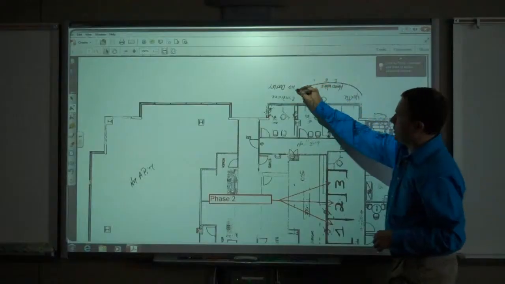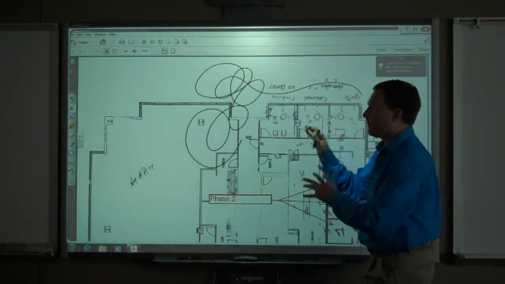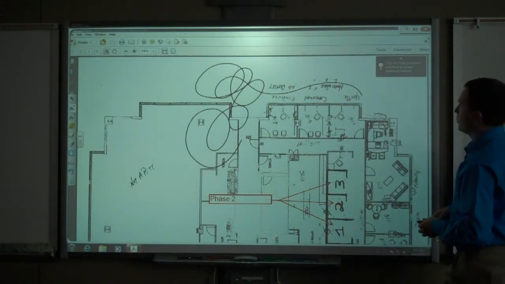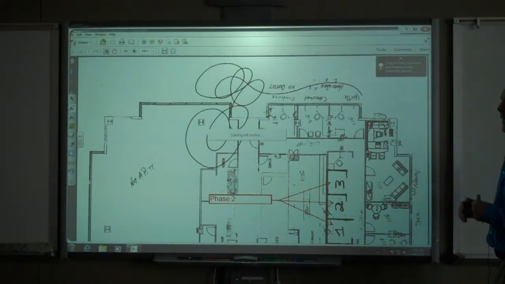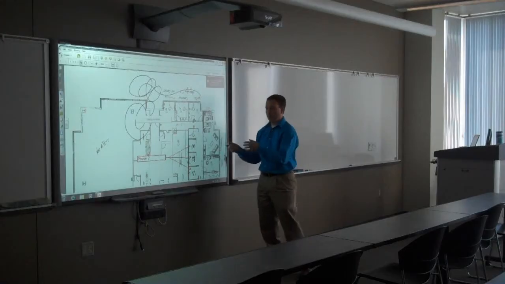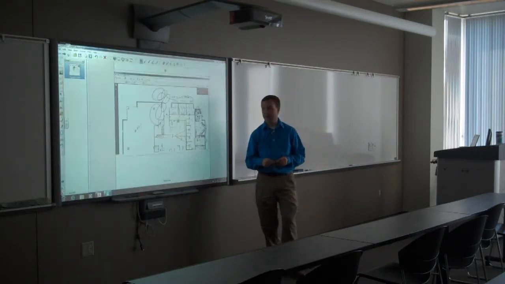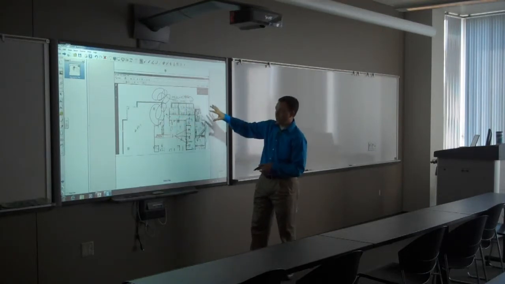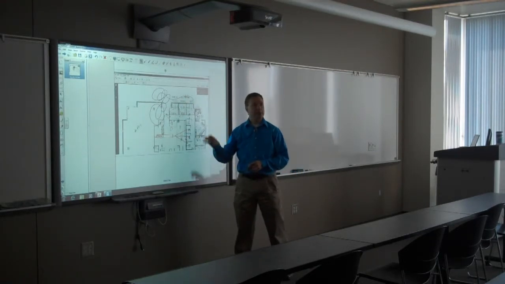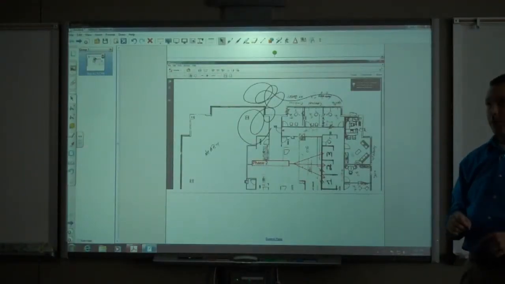If I wanted to save those notes, if I wanted to take a copy of this screen capture, I can do so by pressing the camera icon, and it will save that and import it directly into the Smart Notebook software, which is covered in a different section of this video. Now my screenshot with my drawing is in the Smart Notebook software, and I can manipulate it further or save it from there.